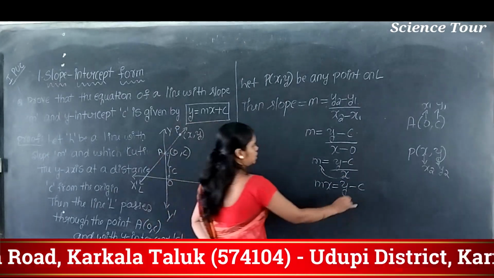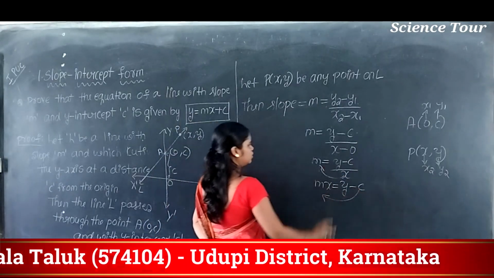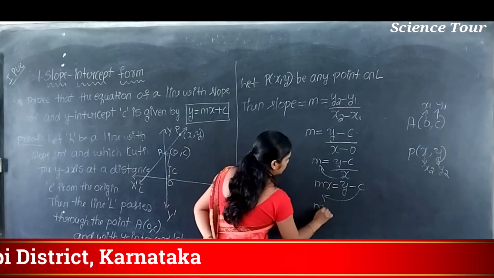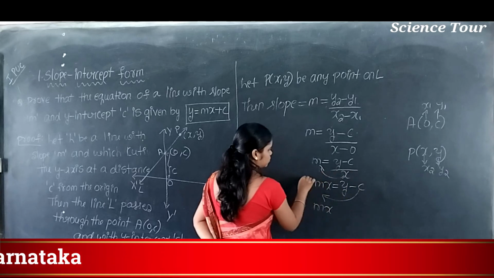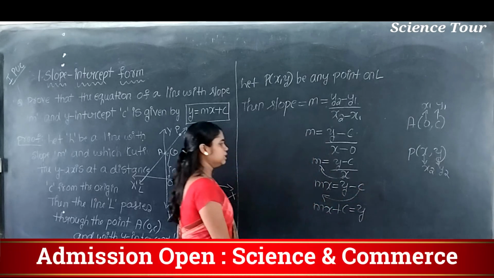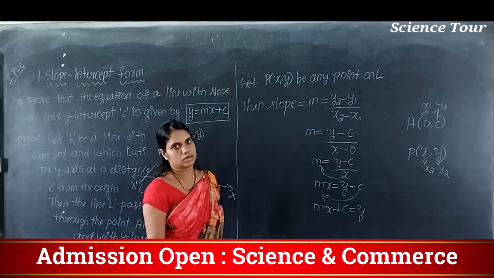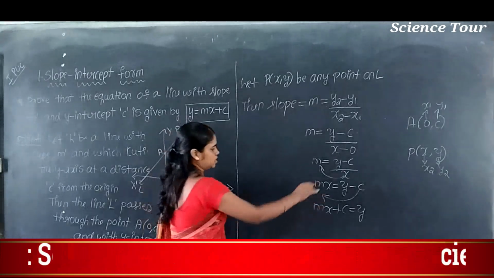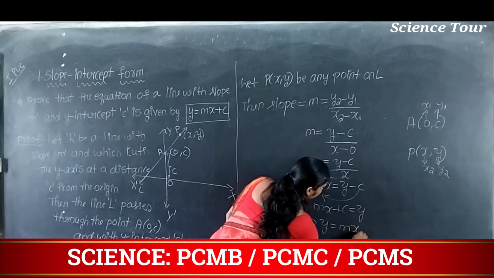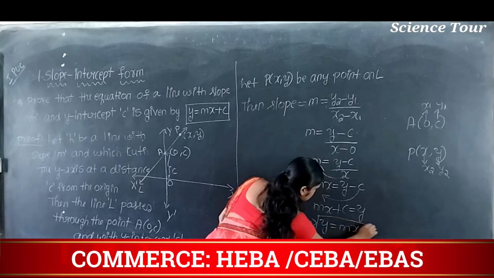Now shift this minus c to the right hand side. So then you will get mx. While this minus c comes to the right hand side, it will become plus c. So that you will get mx plus c is equal to y, isn't it? The same equation I can write like this: y is equal to mx plus c.